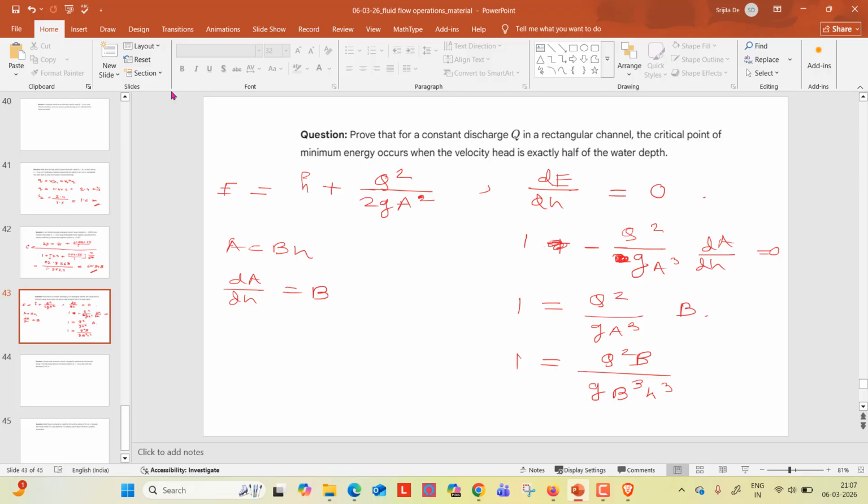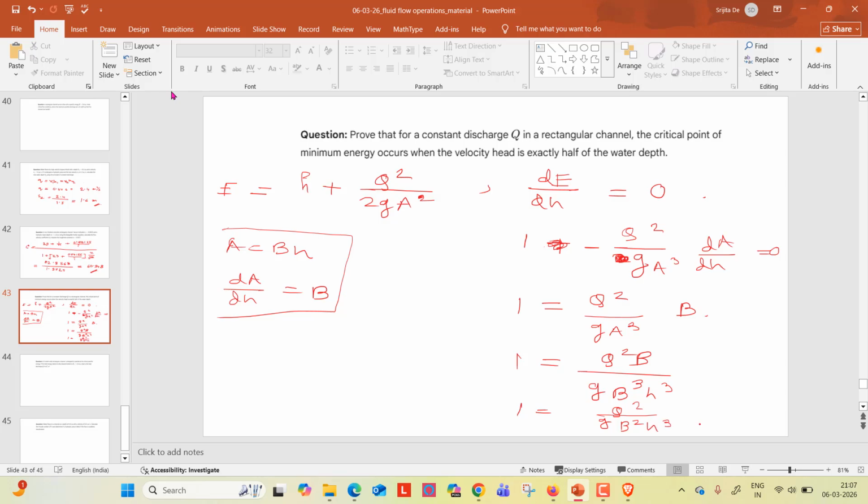Now what we can think of is, okay, these are defined, if you remember. So this is coming as 1 equals Q square by G B square H cube, right?